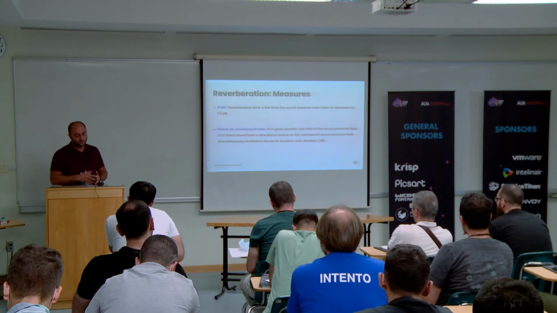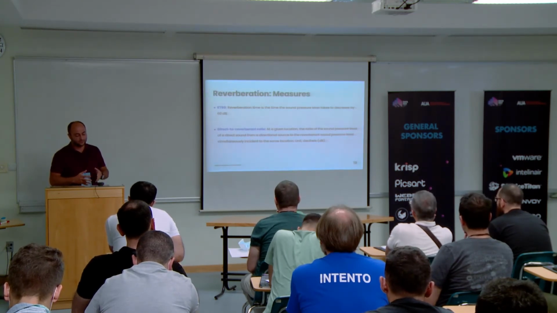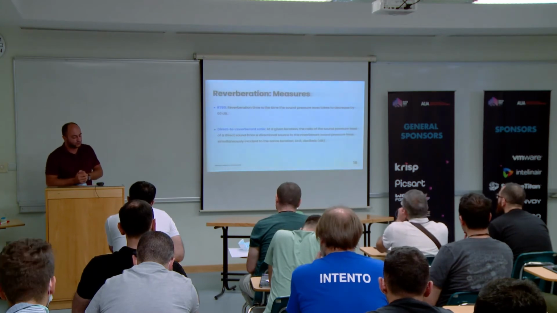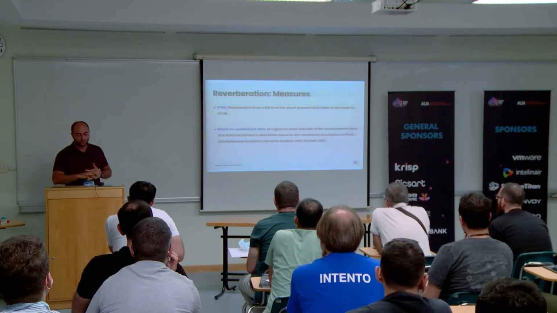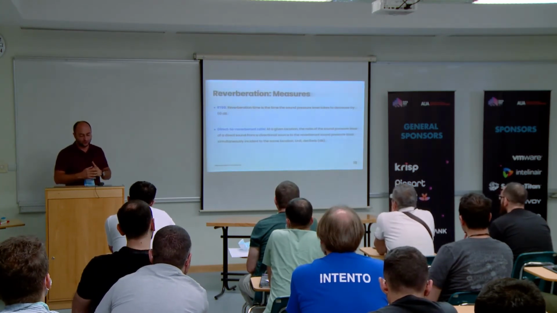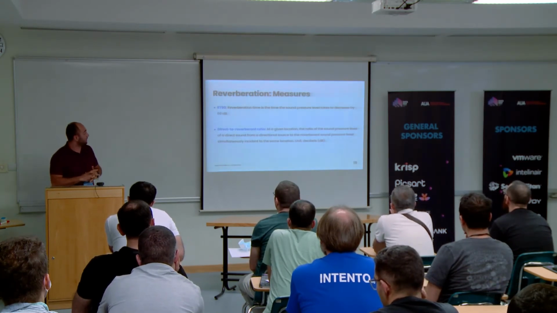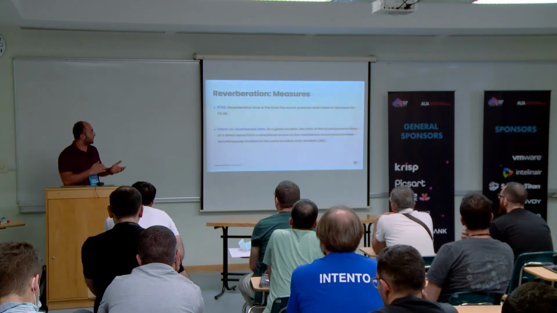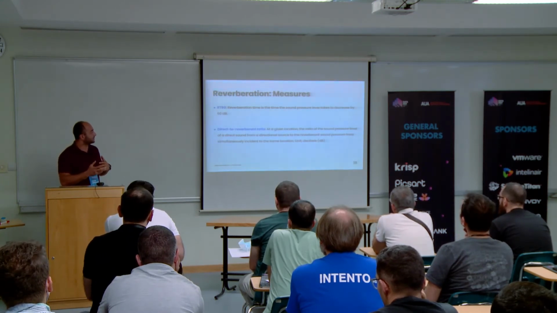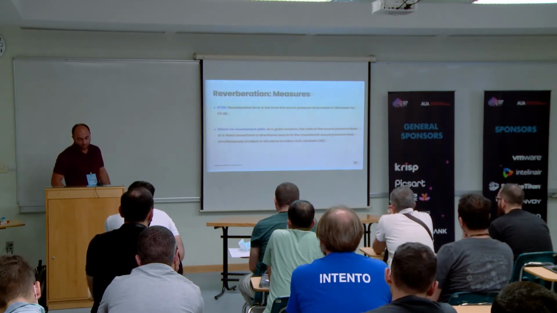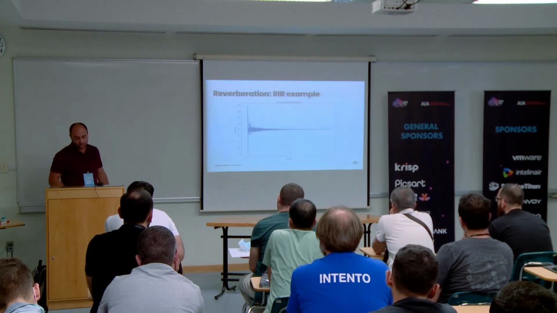To measure the reverberation, there are two effective metrics. The first one is called RT60, which shows the duration of reverberation. The next one is the direct to reverberant ratio, which is the ratio of direct and reflected signal energies. Here you can see a room impulse response example.